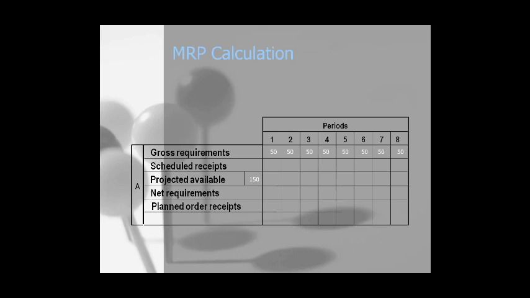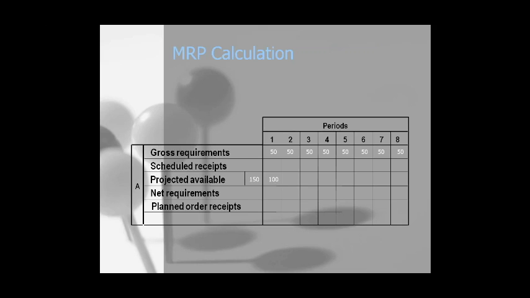It shows 150 pieces in stock. You would take that 150 pieces, add any scheduled receipts or planned order receipts, subtract the 50 pieces that you have as gross requirement for period 1, and you will come up with a projected available at the end of period number 1 of 100 pieces.